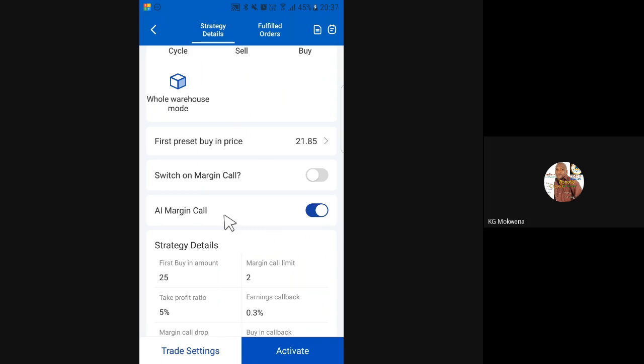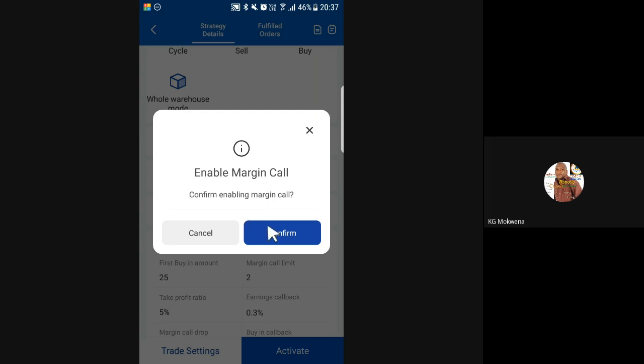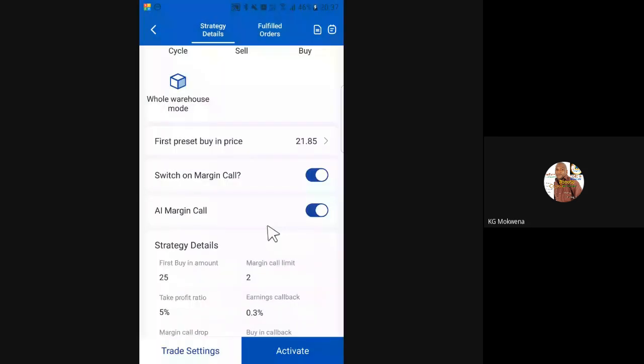For instance, it will look at market dynamics and look for a new support area and place your call around such, which is not going to be way apart actually with the margin call drop that we'll have put in place there. So always AI margin call with this strategy, it's very important because this is our preset price strategy, very important. And then switch on margin calls also. Very important to switch on margin calls.